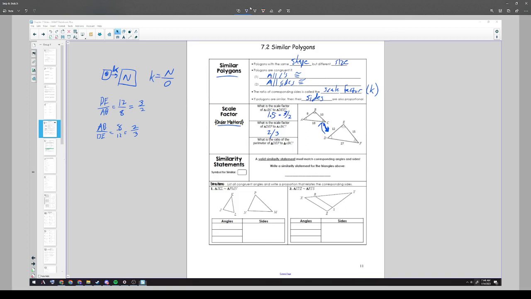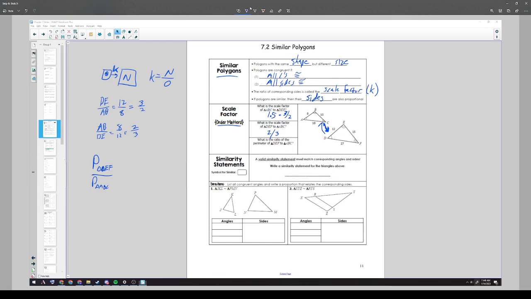Okay, now the last thing says, what is the ratio of the perimeter of DEF to the perimeter of ABC? So we're saying perimeter of triangle DEF to the perimeter of triangle ABC. So this ratio puts the perimeter of DEF on top and the perimeter of ABC on bottom.